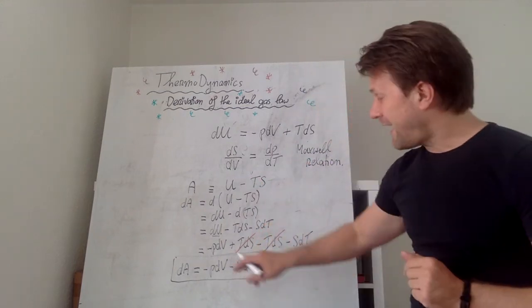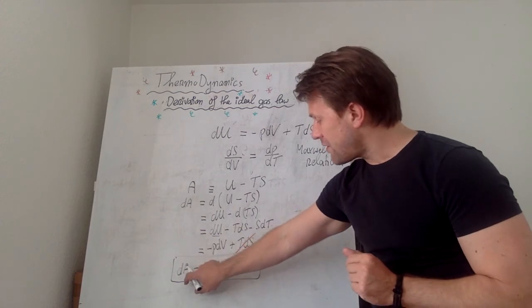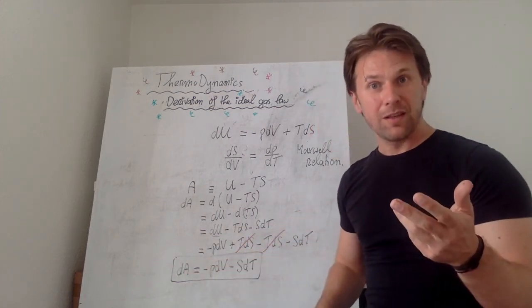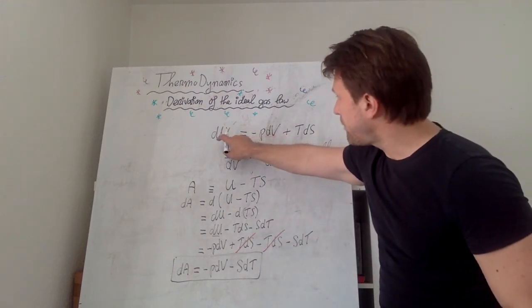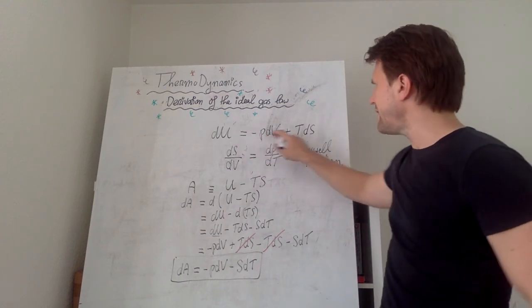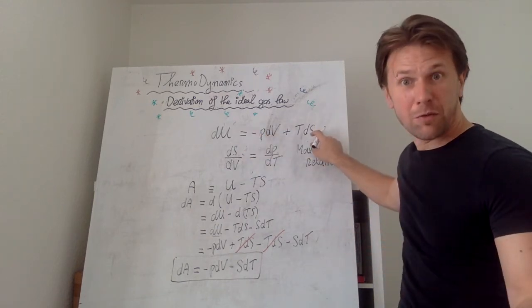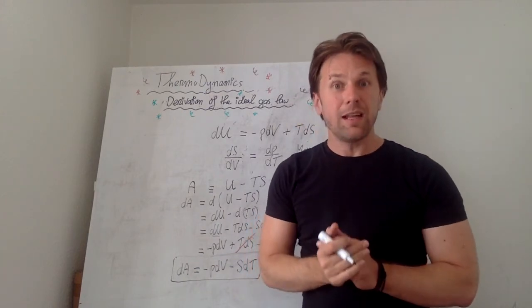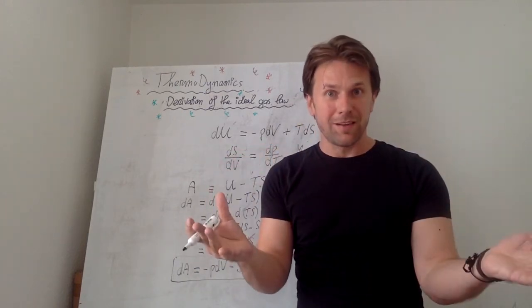So the nice thing about the Helmholtz energy is that its change is expressed in easy to measure volumes and temperatures. And that was not the case with the original energy written in entropies. If you wanted to calculate it or to measure it, you needed to measure the entropy changes, dS. And it's very difficult to measure changes in entropy. We don't have an entropy meter.